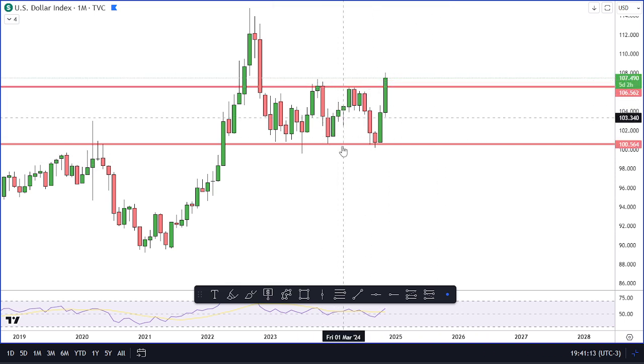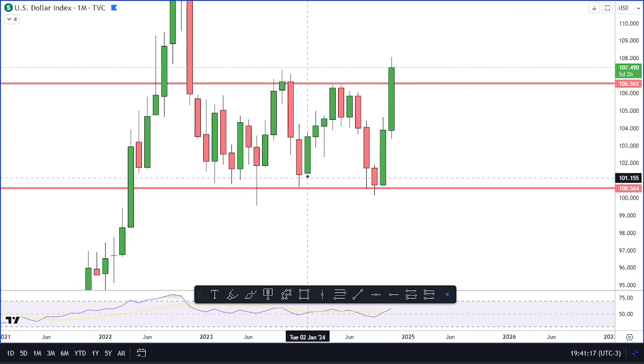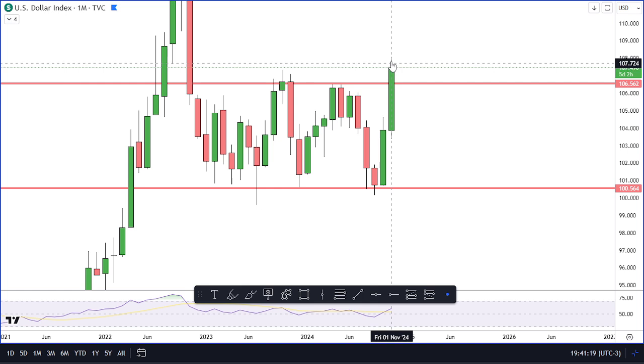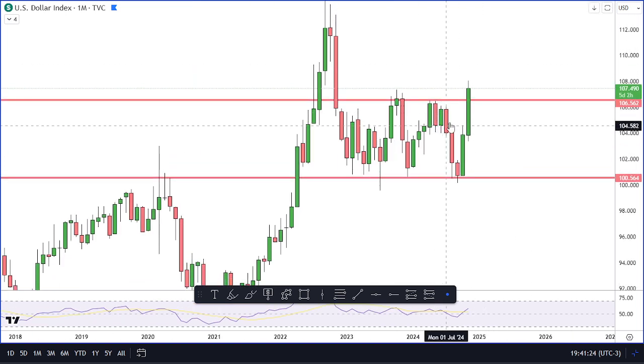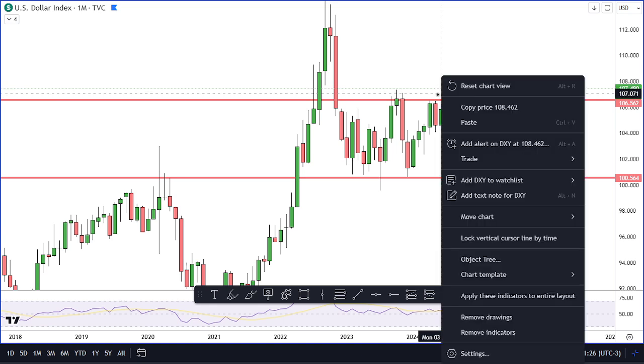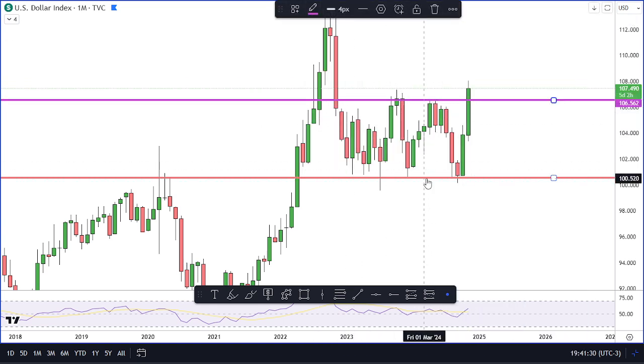Yep, you can see it's in a range on the monthly chart. And now the market is breaking out, I mean breaking out of the consolidation right here. So let me quickly change the color.